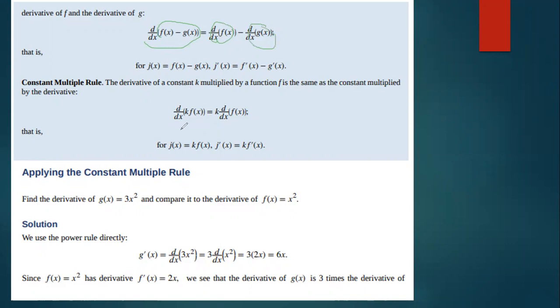Now for the constant multiple rule, if there is a constant k, k stays before the derivative, so k times the derivative of the function.